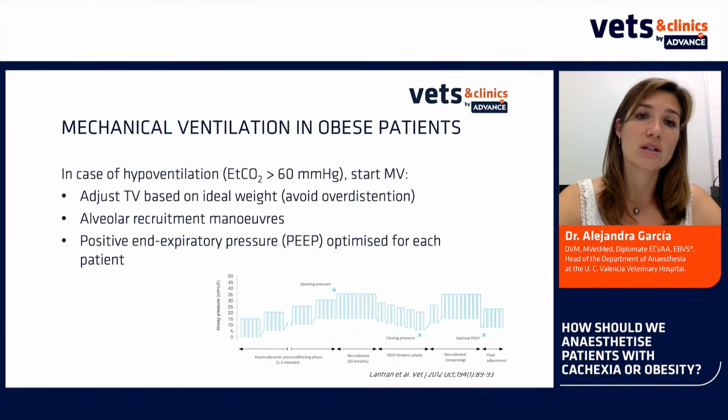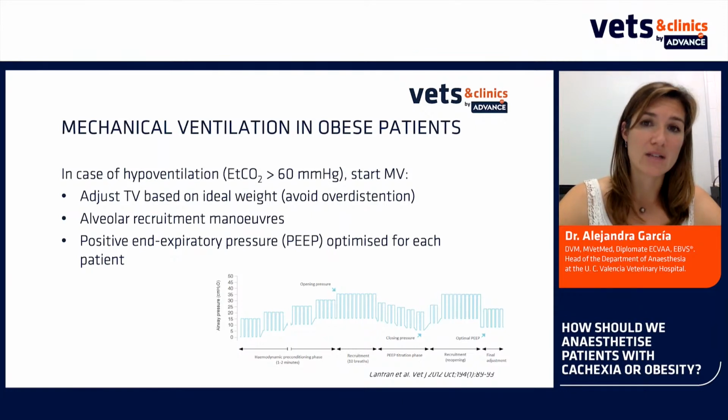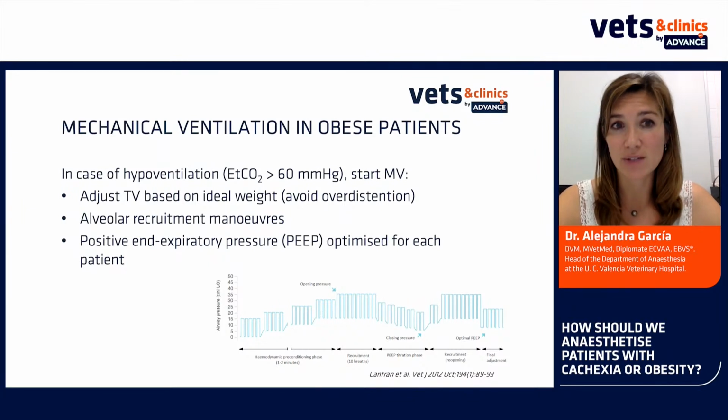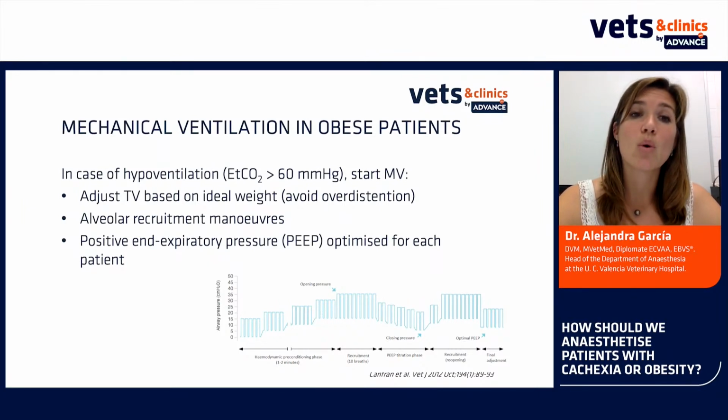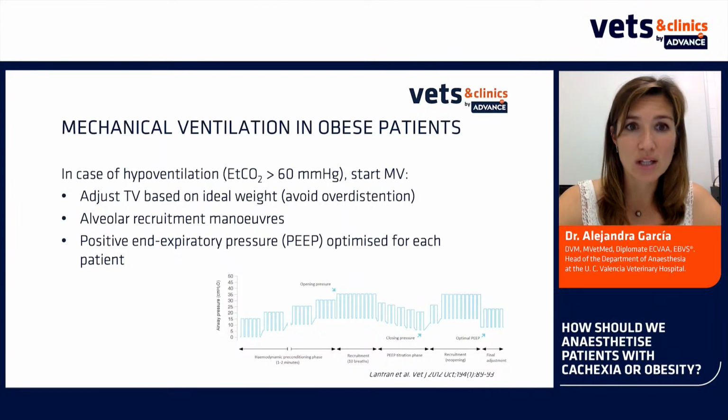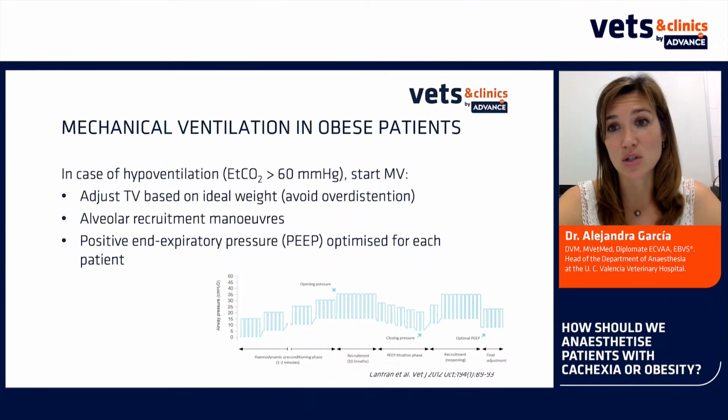When are we starting mechanical ventilation? Normally, in cases of severe hypoventilation, when the end-tidal CO2 is higher than 60 millimeters of mercury, we should start mechanical ventilation. So how are we going to ventilate? First, we need to calculate the tidal volume of my patient based on the ideal weight to avoid over distension of the lungs.